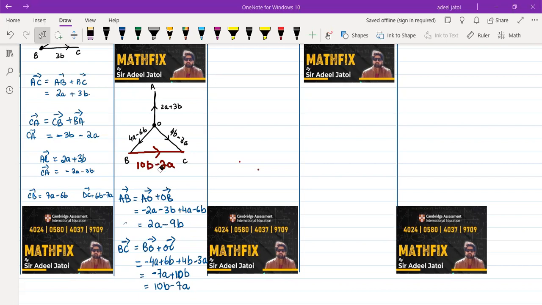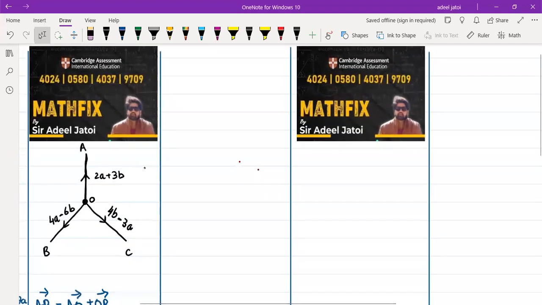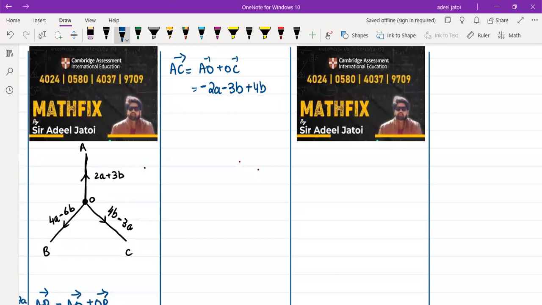Okay. Let's remove this. The third that you need to find out is AC. Now, the examiner can ask you anything. The route of AC will be AO plus OC. AO is opposite to the given direction. Negative 2A, negative 3B, positive 4B, negative 3A.